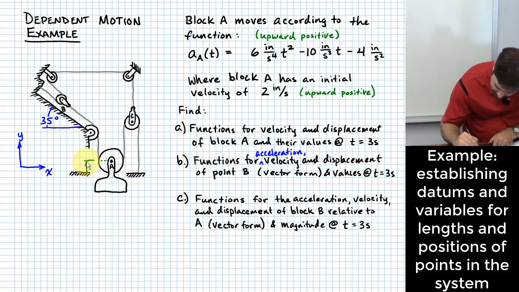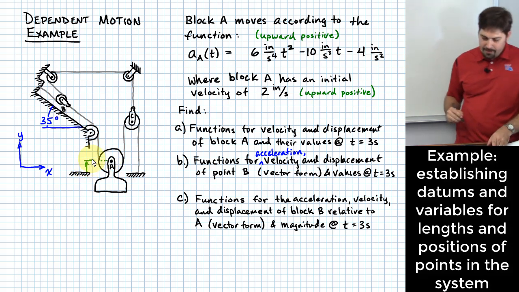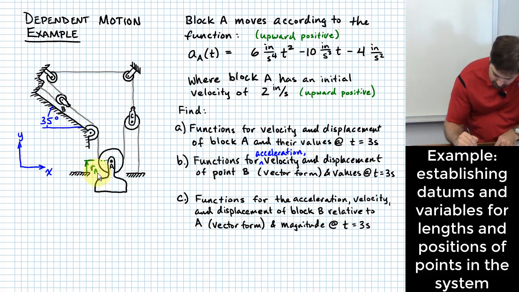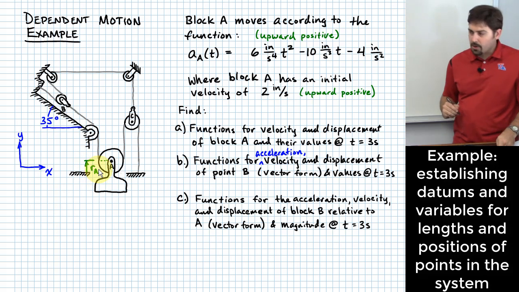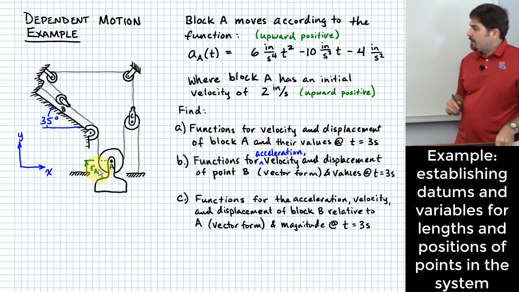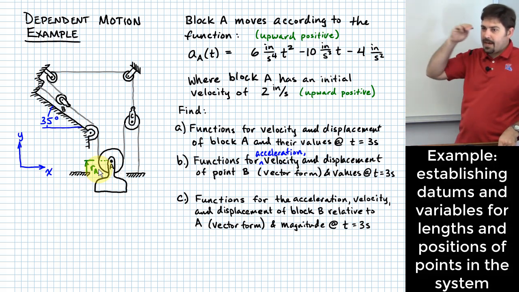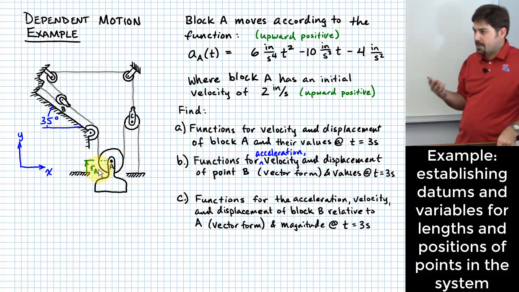And I can identify that I measure up to the point A, and I'm going to call that R sub A, right? As that changes, that describes what is the height of that point A, right? And that's a point that I care about with respect to the motion of this system, okay?